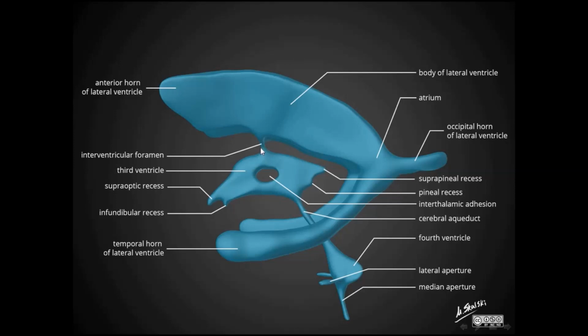The two foramina that connect the two lateral ventricles with the third ventricle are called the interventricular foramen or foramen of Monro. This is then the third ventricle.